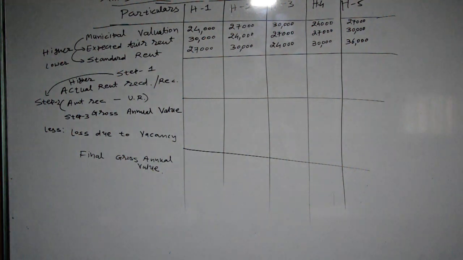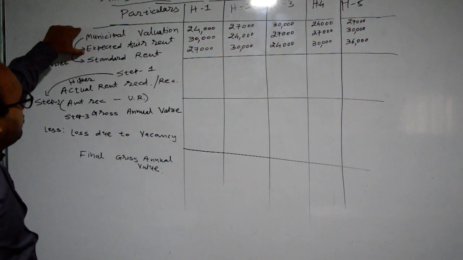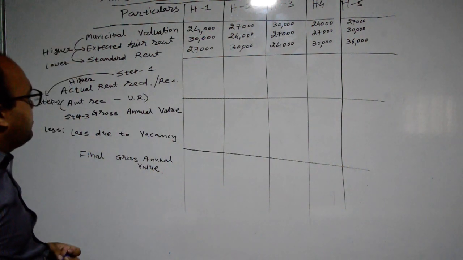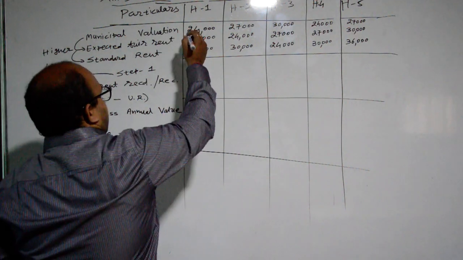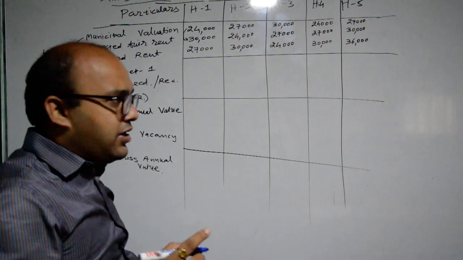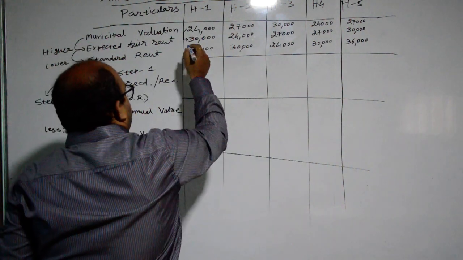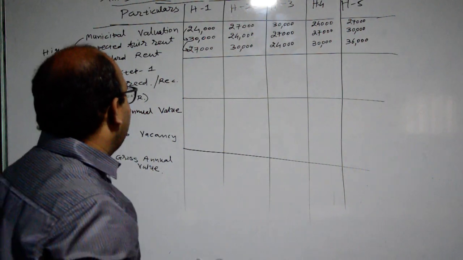First of all we have to compare these two components, municipal valuation and expected rent, and the higher value will be selected. Here 24,000 and 30,000, the higher value is 30,000. Then it will be compared with standard rent, and the lower value will be selected.